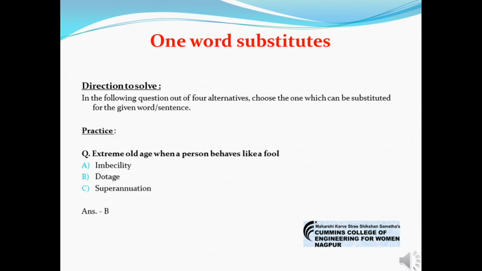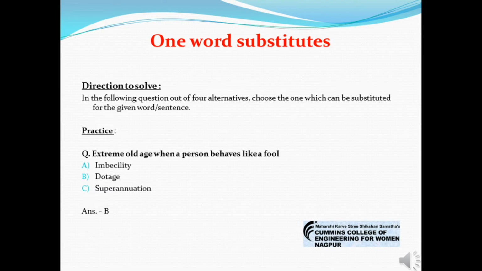Now we'll see a question which says: extreme old age when a person behaves like a fool is called, and the options are imbecility, dotage, and superannuation. Now, you must understand the meaning of the given words. The first option is imbecility. Imbecility means foolishness.